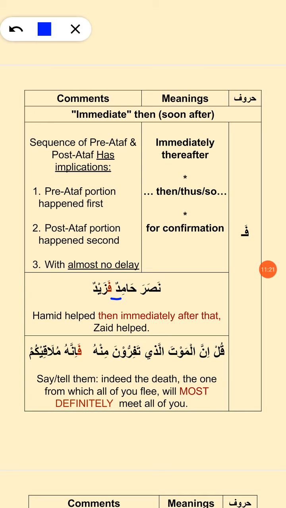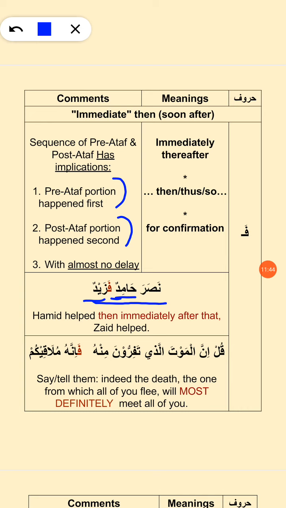The thing that I mentioned in the chart was that the chronological sequence of the pre and the post-ataf remains the same. So this holds true in fa as well as summa. The pre-ataf portion happened first and the post-ataf portion happened second. So Nasara Hamidun fa Zaidun. So Hamid helped first and Zaid helped second.